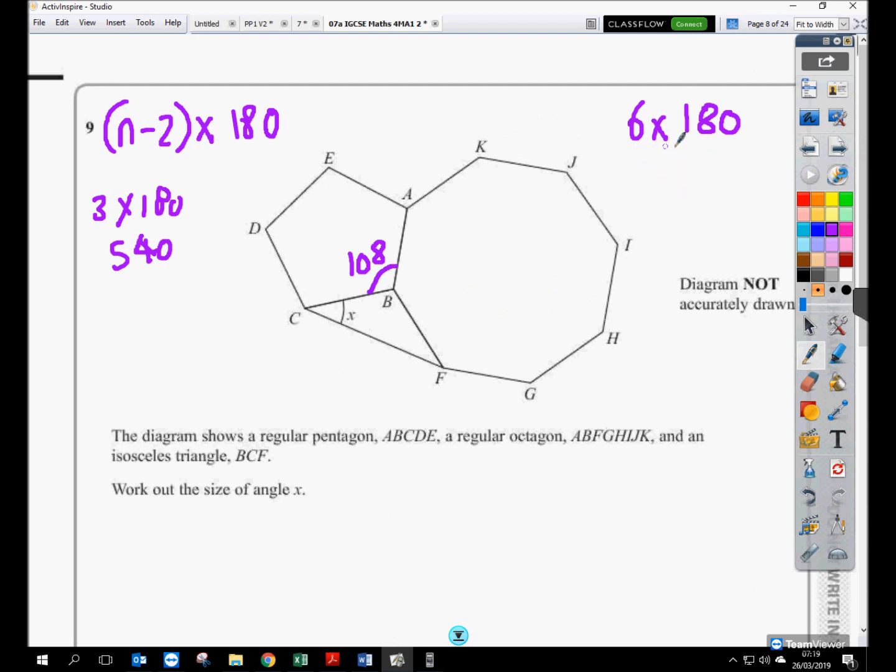When I divide that by 8, I end up with 135. So 1080 divided by 8 is 135, so this is 135. In fact, they're all 135.